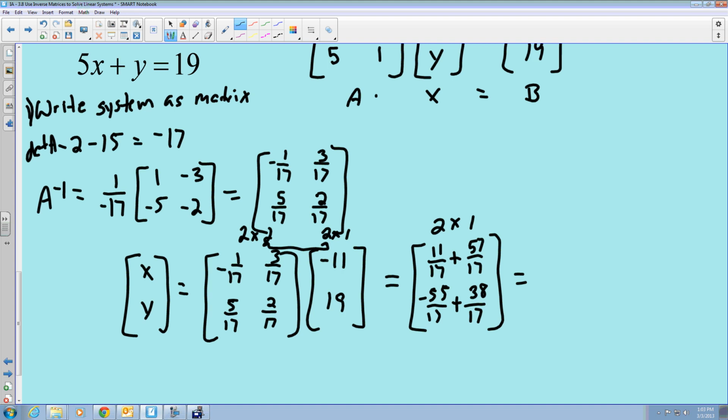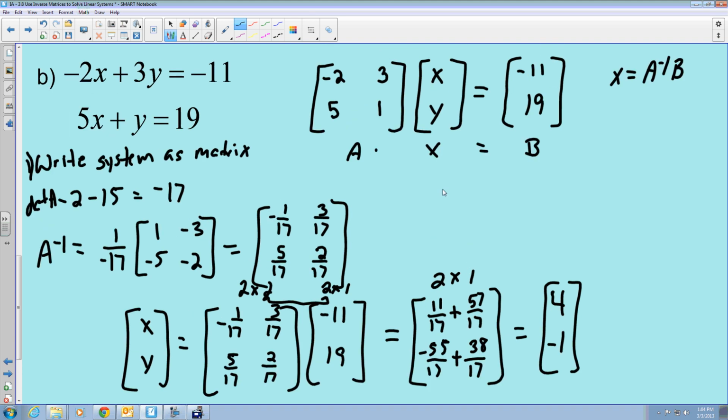Then if I add these together, 11 plus 57 equals 68. 68 divided by 17 gives me 4. And then negative 55 plus 38 gives me negative 17. Negative 17 divided by 17 gives me negative 1.